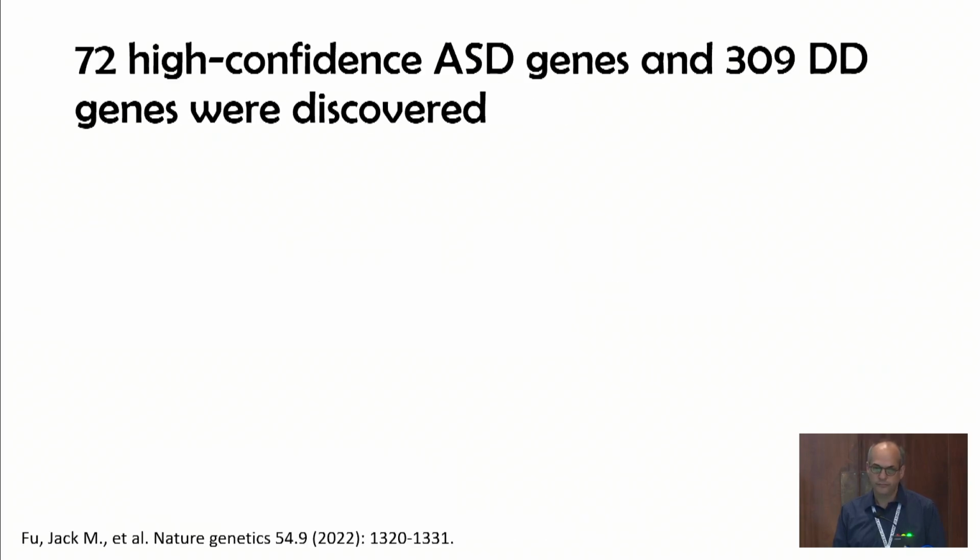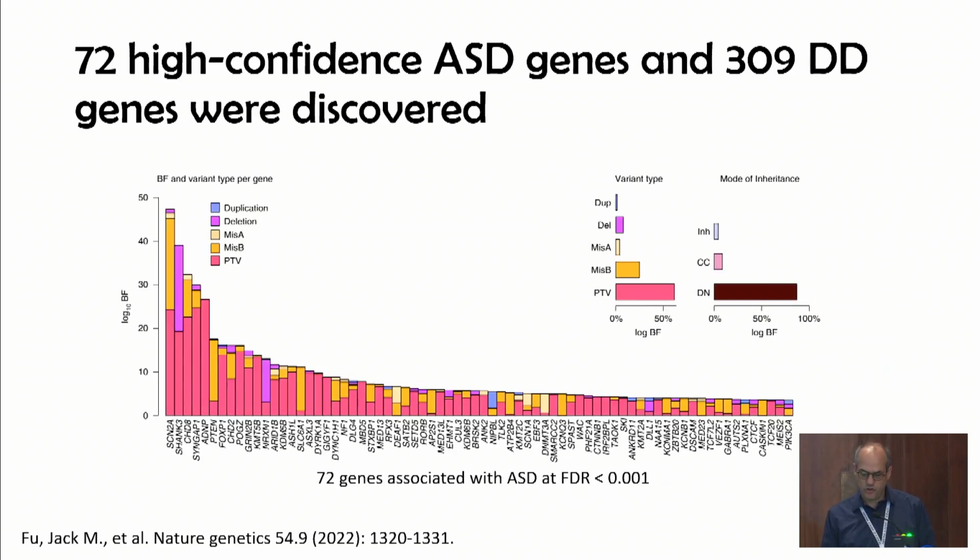For example, in a study published 3 years ago, they were able to identify 72 high-confidence genes for autism and another set of 309 high-confidence genes for broader developmental disorders, and the two sets overlap. Here are the 72 genes. Most of the evidence for those genes comes from de novo mutations, new mutations, and also from protein truncating variants.